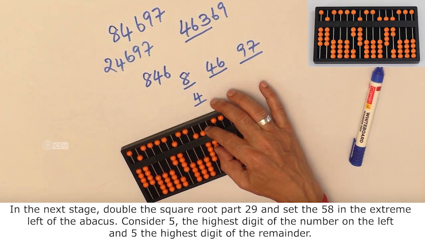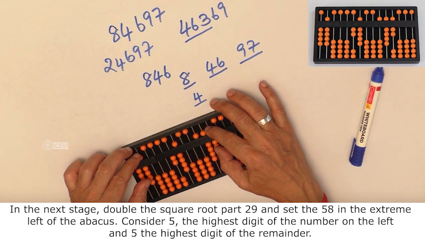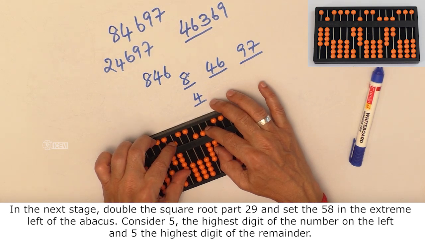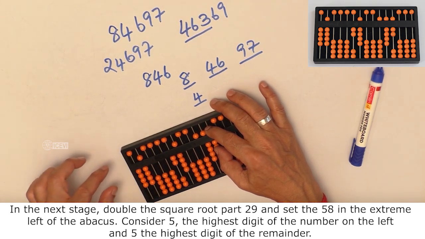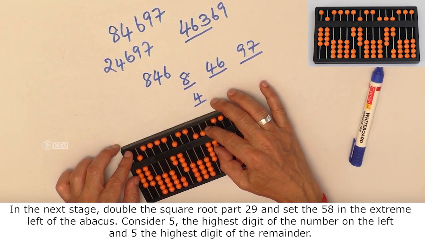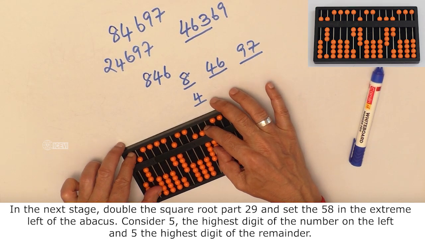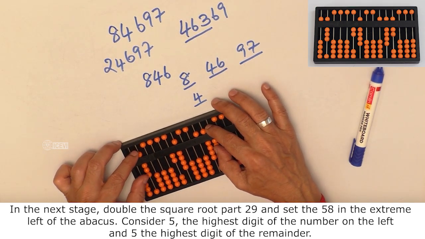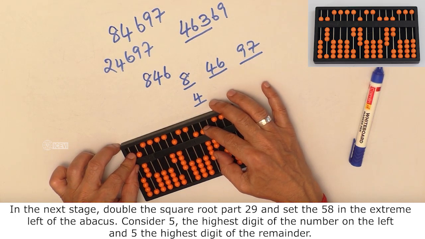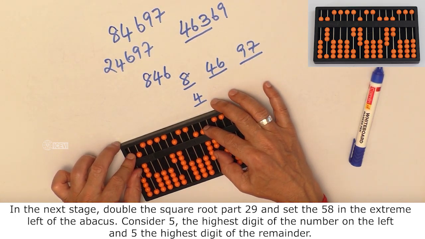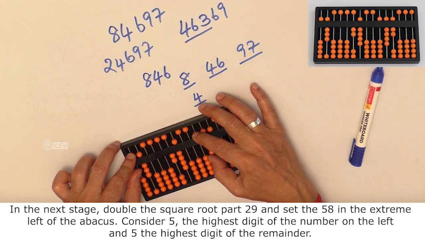597. In the next stage, double the square root part 29 and set 58 in the left extreme of the abacus. Now consider 5, the highest digit of the number on the left, and 5, the highest digit of the remainder.